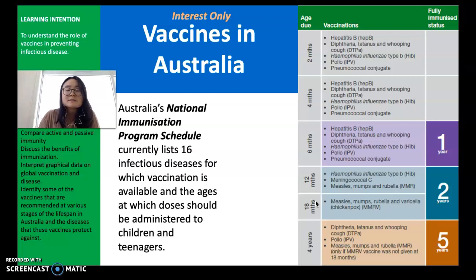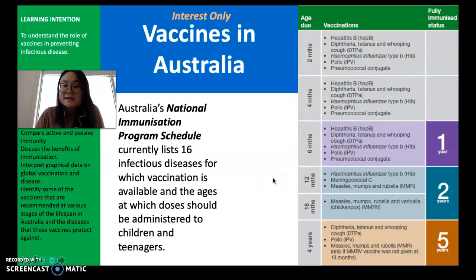Okay, the last point about vaccines, guys, is the National Immunization Program. I mentioned it earlier, but this is all of the vaccines that newborns up to 4 or 5 years of age need to get. So it's very prescribed and very exact.